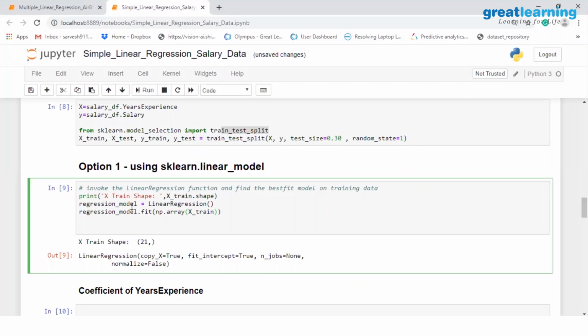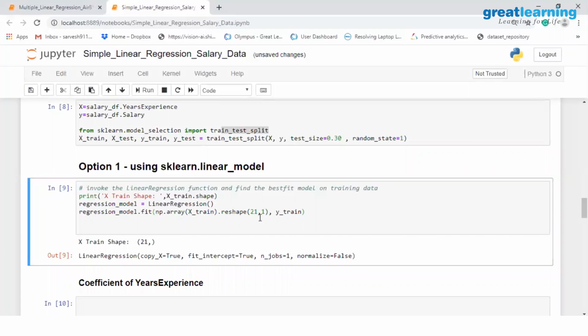From the data frame we have extracted only this X train, so it converts from a data frame to a vector. I'm just converting back to an array, reshape 20,1. 30% is like 21 records. So we have fit the regression model for the X train and the Y train.